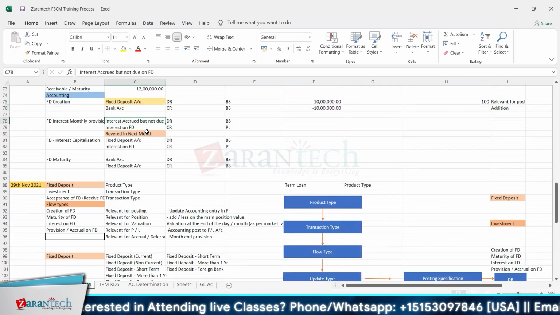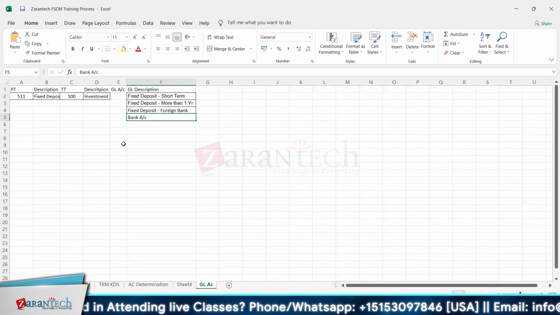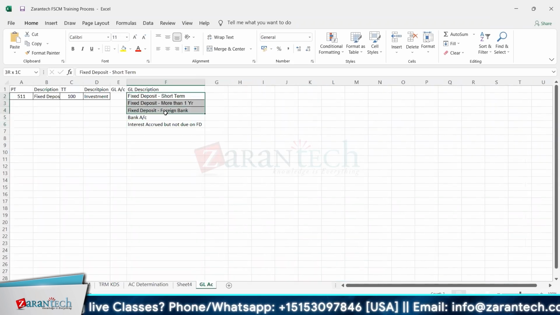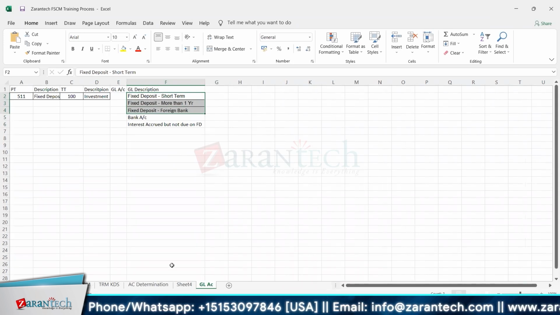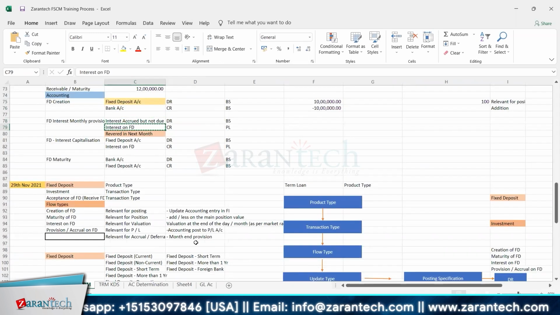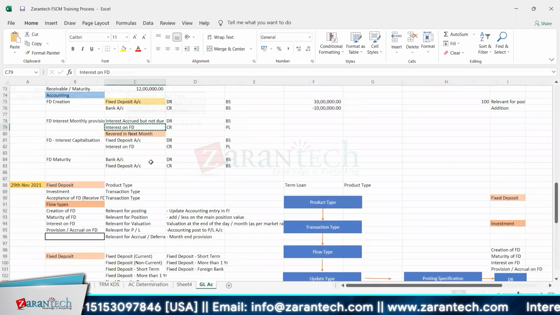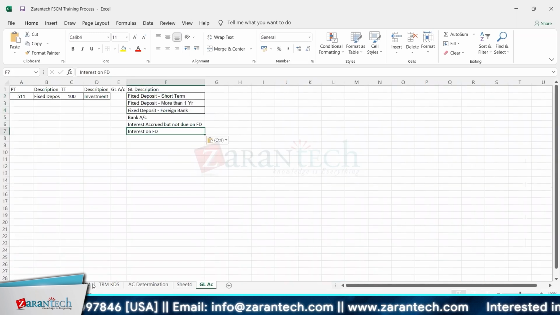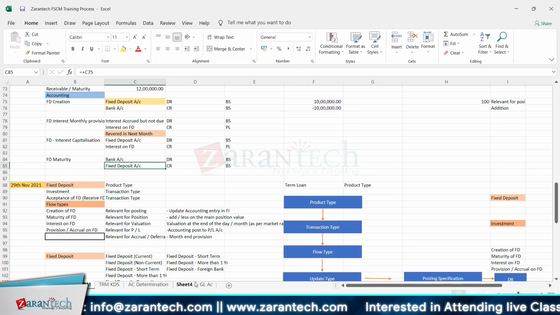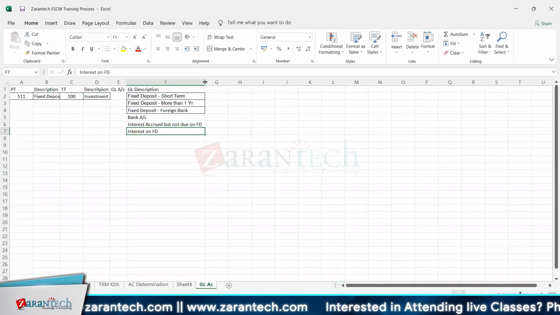Interest accrued, not due. This is the one GL account, and this GL account I don't need based on my type of fixed deposit. So one GL account would be okay. So I'll take this. Then interest on FD. This is a unique GL account. And what next? Fixed deposit, interest on deposit, bank FD. So these are the GL accounts I need for this product.